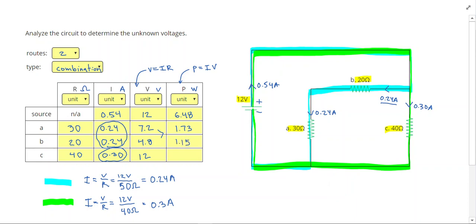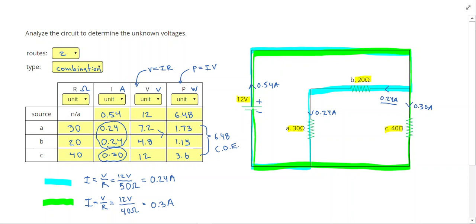And 12 times 0.3 gives me 3.6 watts. If I add up the power that's dissipated at each resistor, I should end up with the same amount of power that I got from the battery, because of conservation of energy.